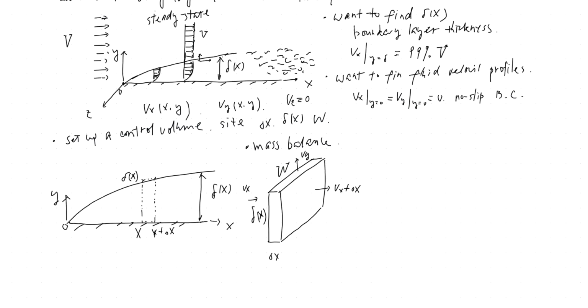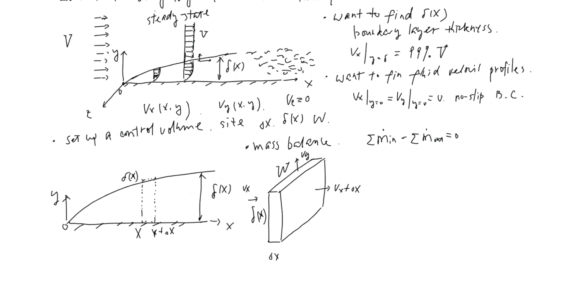So the mass balance equation should read as the sum of all the mass flow rates into the control volume minus the sum of the mass flow rates out of the control volume should be 0. And mass flow rate is the same as the density of the fluid multiplied by the volume flow rate.